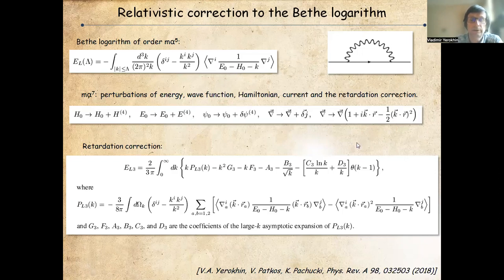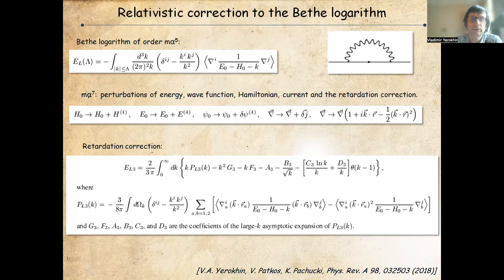For example, to give you an idea, if we take this retardation correction, we will have this corrected integrand of this form, which contains an additional k squared as non-perturbation. So we need to integrate it over all possible photon momenta after we subtract the ultraviolet asymptotics.